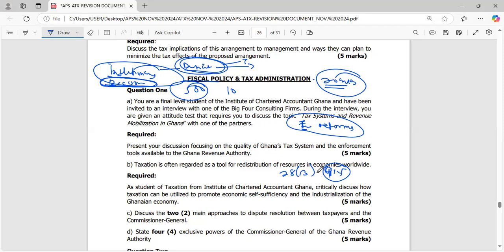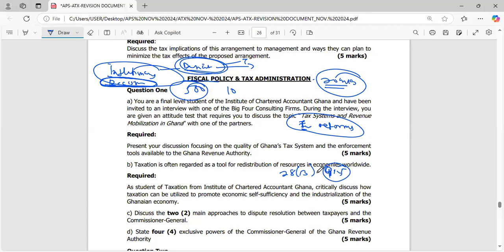No, I'm not talking about the annual returns, I'm talking about the monthly returns. Monthly return is by the last day of the following month. No, it's the 15th. That is PAYE, 15th. So which one is the last day of the following month? That's VAT. He was talking about PIT, so that's why I'm confused. That's why I mentioned the end of the fourth month. Oh, okay, all right.